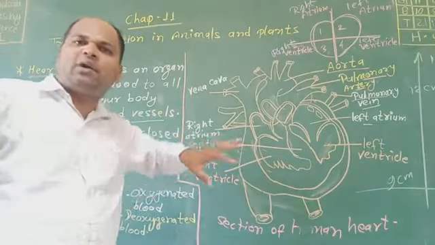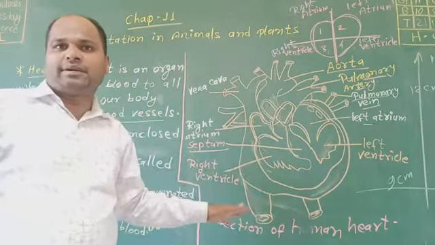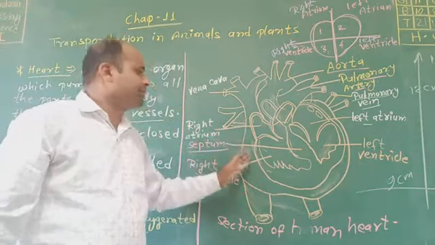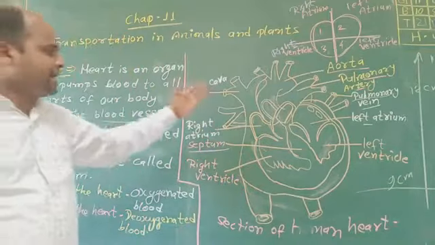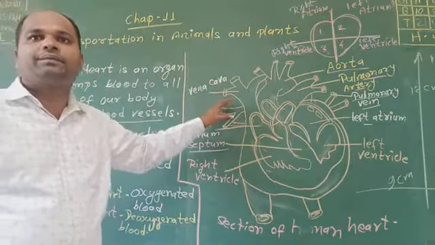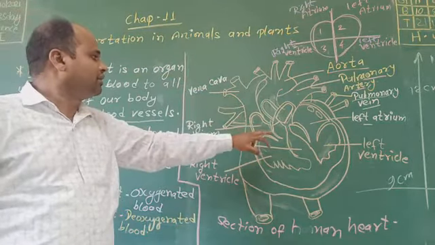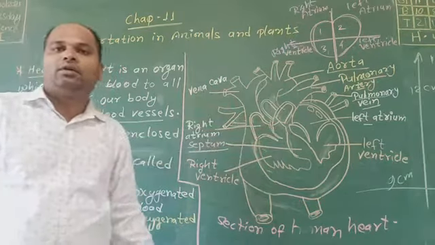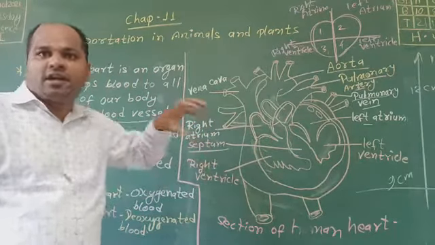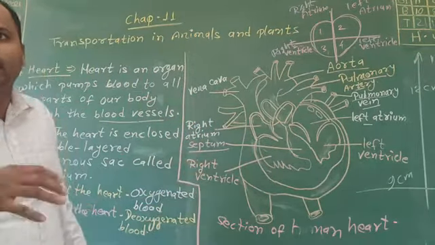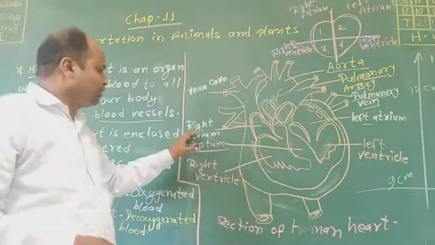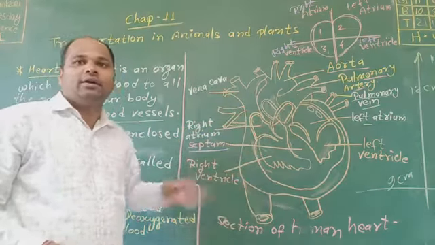The septum prevents the mixing of oxygenated blood with deoxygenated blood. A tricuspid valve is present between the right atrium and right ventricle, which allows blood to flow from the right atrium to the right ventricle.